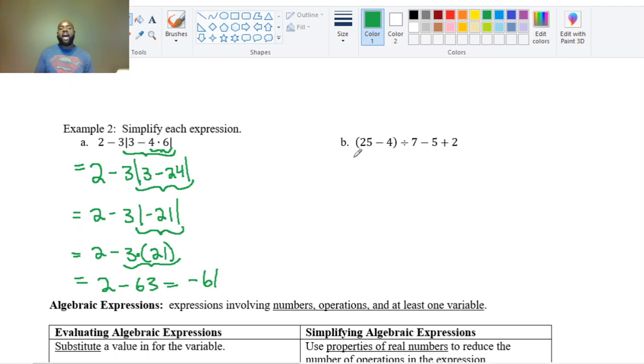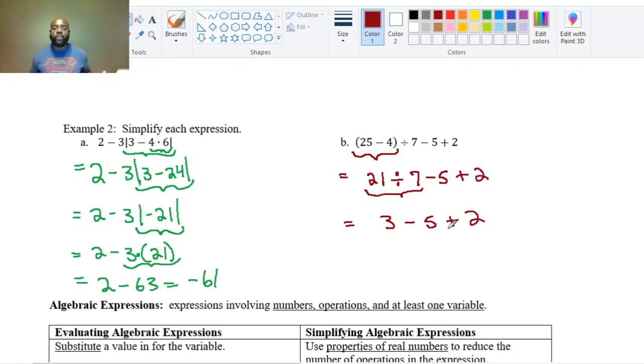In this example, I have a grouping symbol, right? And so this grouping symbol I'm going to do first. 25 minus 4 is a 21. I have a division as my next highest operation. And then I have a subtraction and an addition. Well, which do I do first?